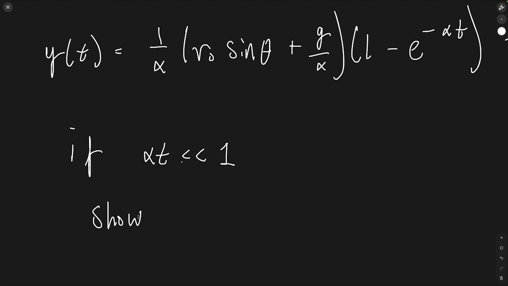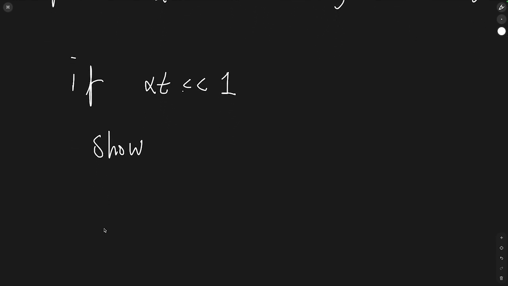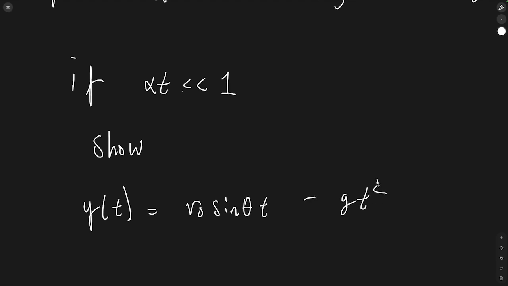Show y of t equals v naught sine theta t minus gt squared over 2. All right, so I'll let you try this one on your own, and then I'll provide a hint.